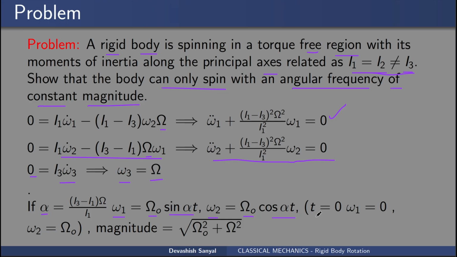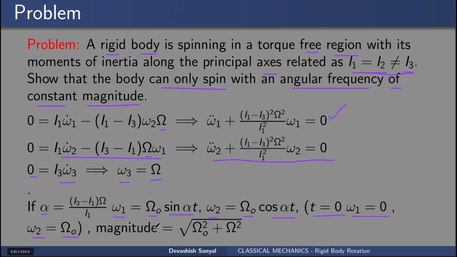We assume that at time t equal to 0, omega 1 was 0, that is, the component of angular frequency along direction 1 was 0, and the component along 2, that is omega 2, was omega naught.